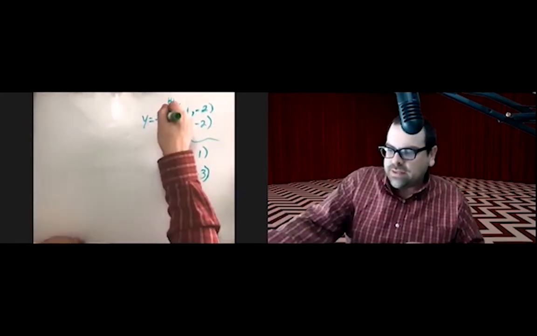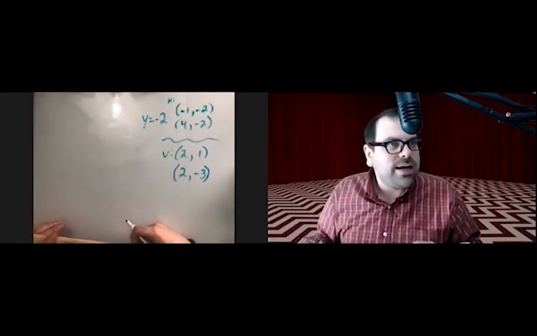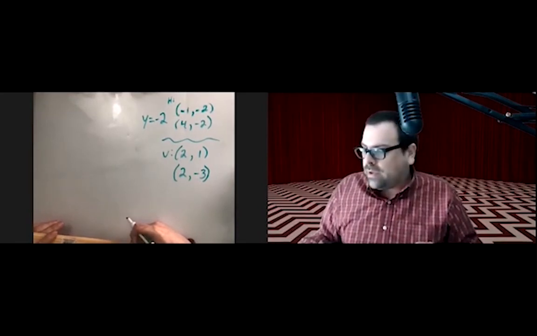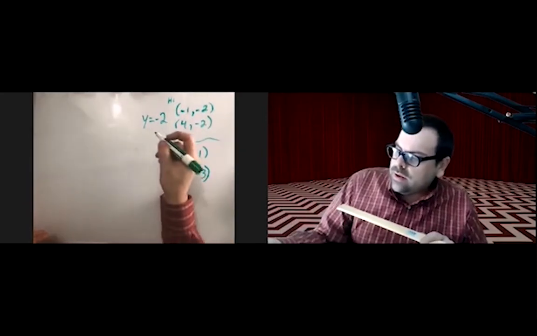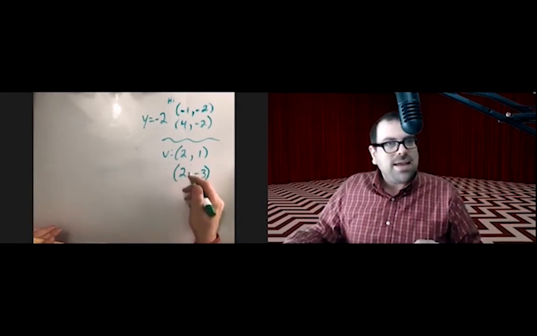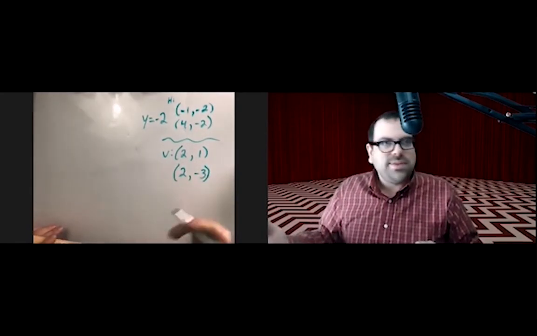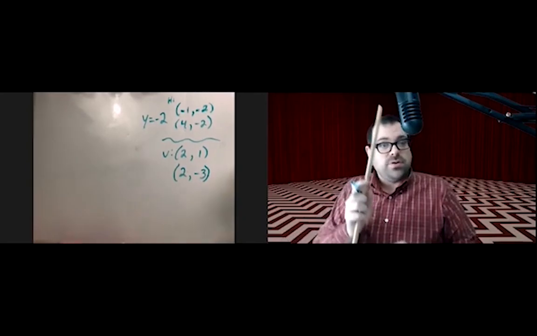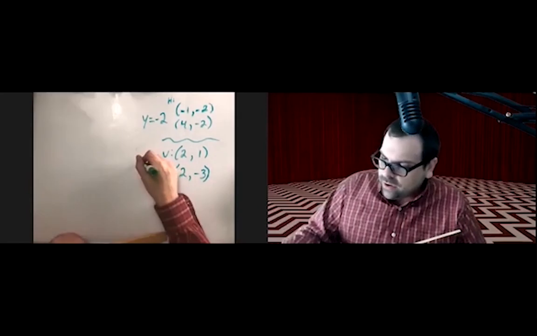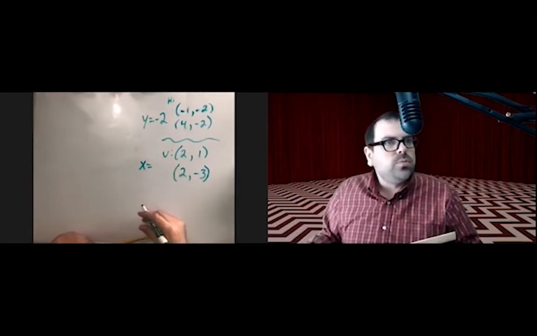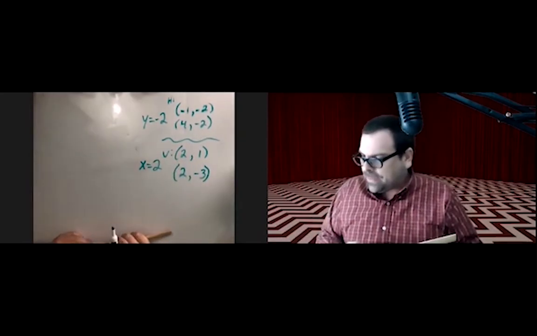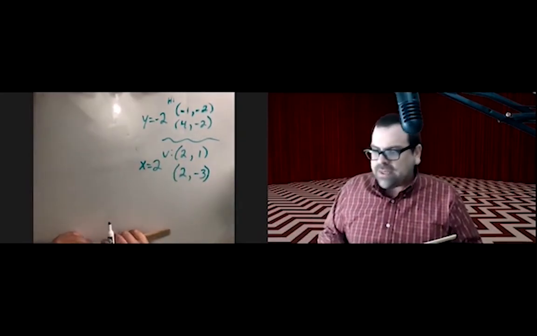In this case, that line must be y equals -2. The vertical line has the same x value, but that shouldn't surprise us because a vertical line strikes the x-axis and is therefore the x equals a number special line. X equals 2.